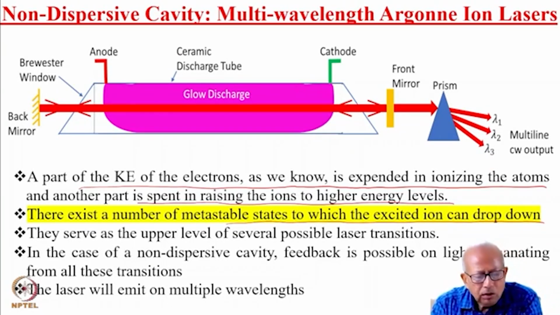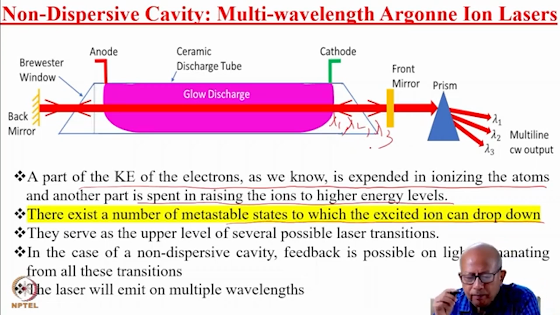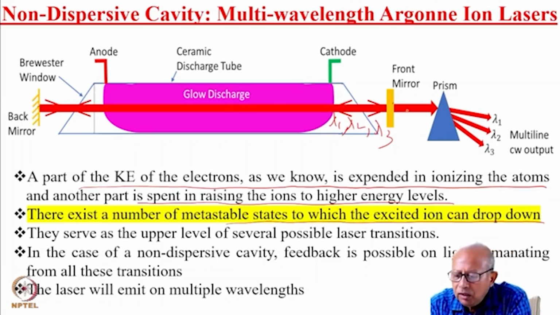And so light will grow on all these three wavelengths, that is lambda 1, lambda 2, and lambda 3, which I showed. Because all these wavelengths can oscillate back and forth inside the cavity, they will be amplified as they travel through the gain medium, and therefore the lasing would also occur on all these three wavelengths.